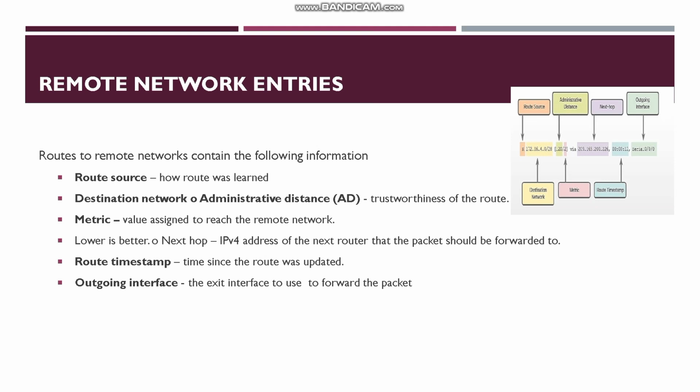Sunod naman yung route timestamp, time since the route was updated. Kailan siya nag-update, yun yung route timestamp. Sunod naman, outgoing interface, the exit interface to use to forward the packet.